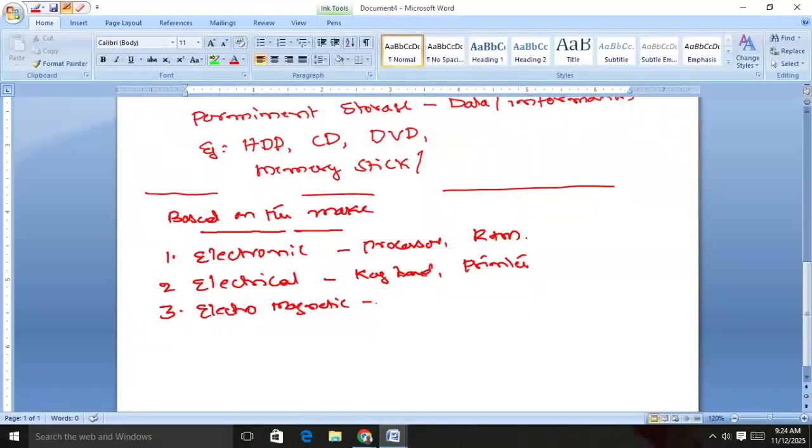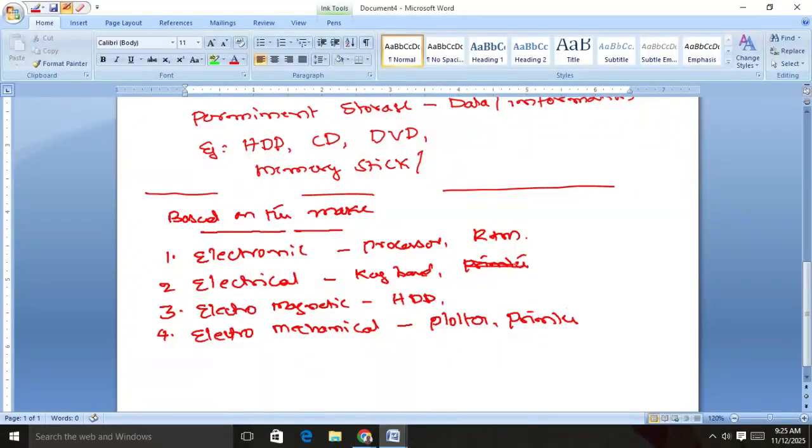Some of them are electromagnetic components, that means the hard disk and such devices. Some of them are electromechanical components, which use some mechanical parts, such as the plotter and some other devices, or the printer also.